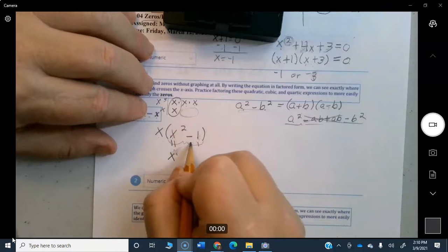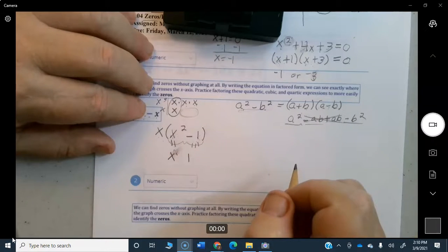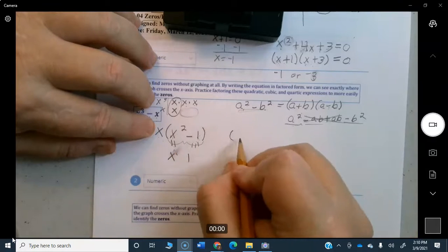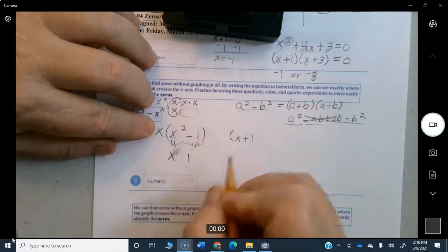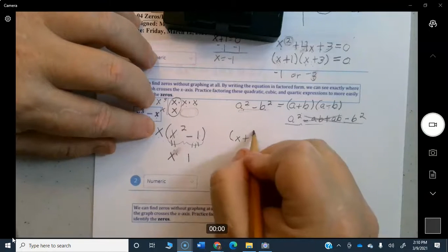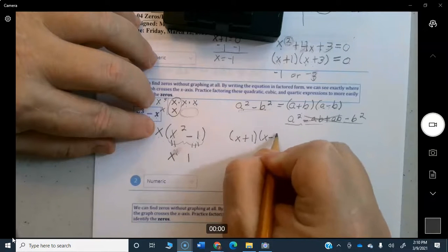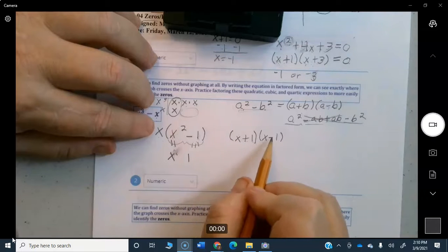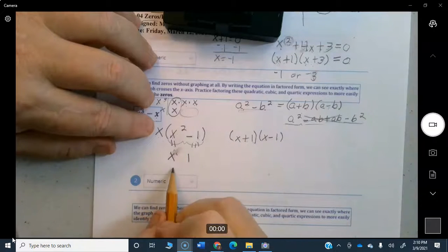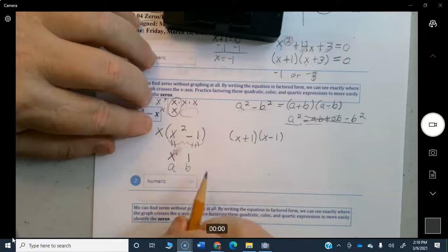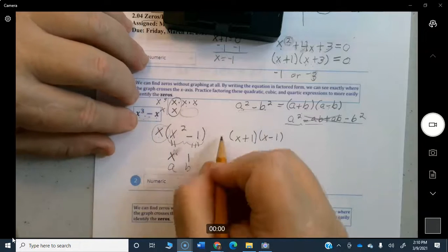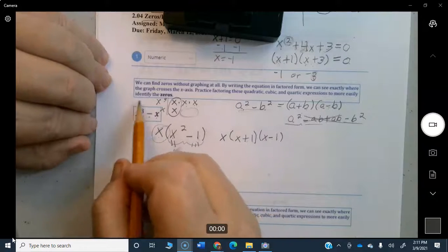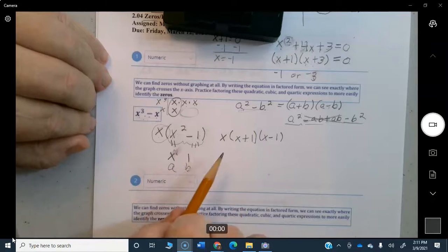All right, so what we can do is write this part alone as x plus 1 times x minus 1. A plus b times a minus b. So this one is the a, this one is the b. All right, and then we still have this. Don't forget this, so that x goes there. So this is fully factored to that.